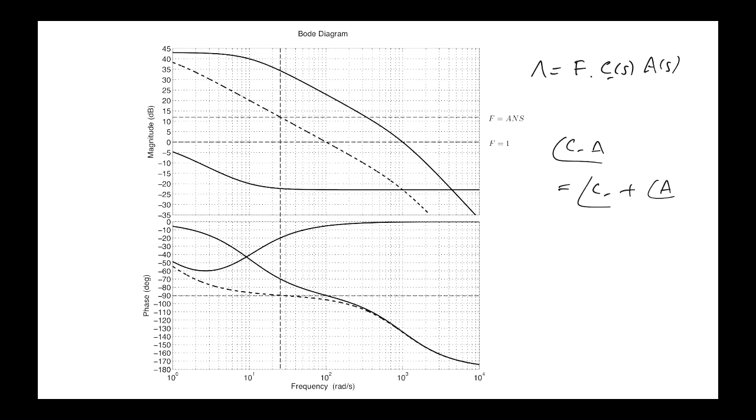But the crossover frequencies are very different. Even if I put the crossover frequency here and still got 85 degrees of phase margin, which will give you over-damped closed-loop poles, so no oscillations. As soon as you've got more than about 75 degrees of phase margin, assuming that your closed loop is dominated by just 2 poles, those poles will be over-damped, so no oscillations.